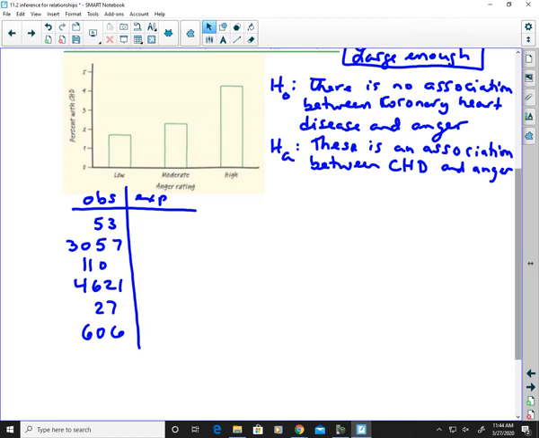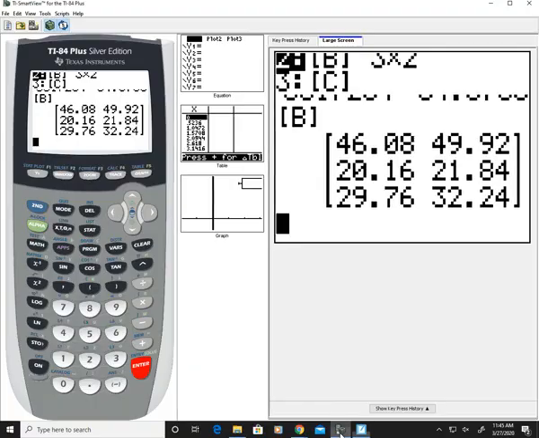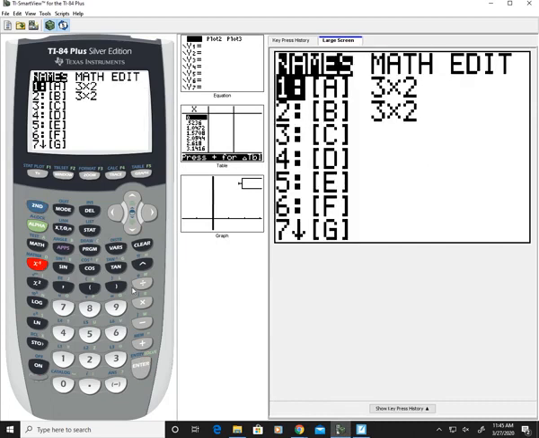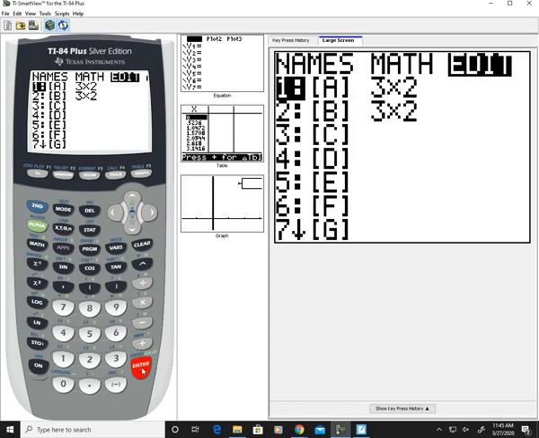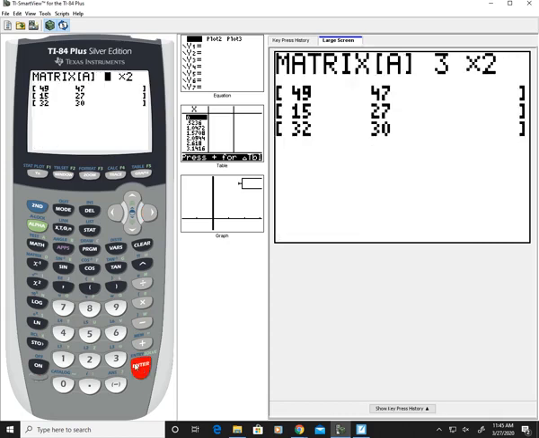We're going to run the situation. This is a little bit backwards. We don't really know if our conditions are met yet, but we're going to see if they're met. Going to edit. This time I have 2 rows, and then I have 3 columns.